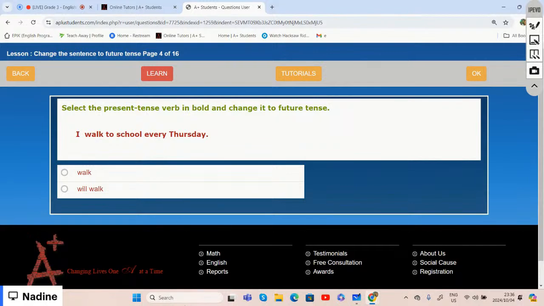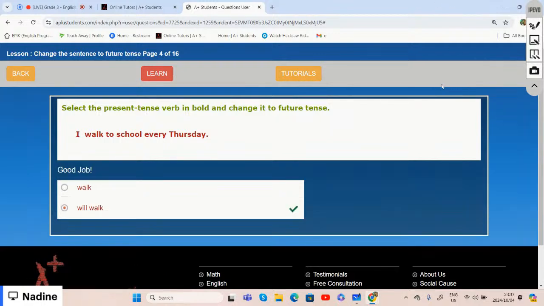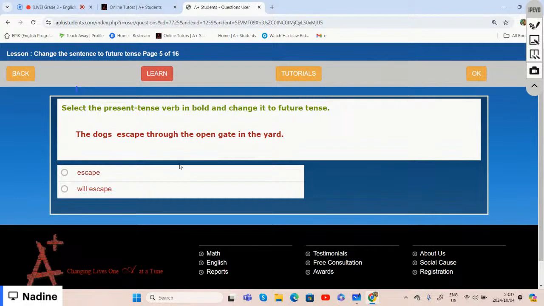All right. And we can then say, I will walk to school. And remember, we still add the will in front of that verb. So well done. Yes, I will walk to school.